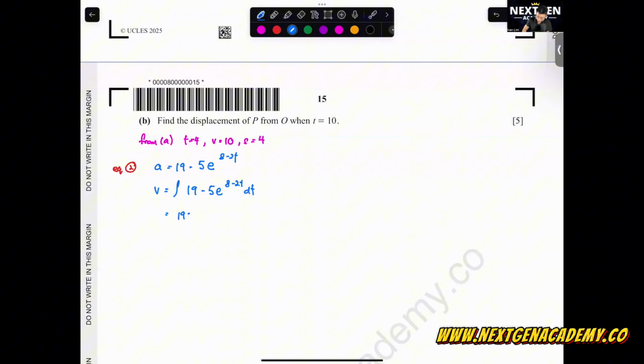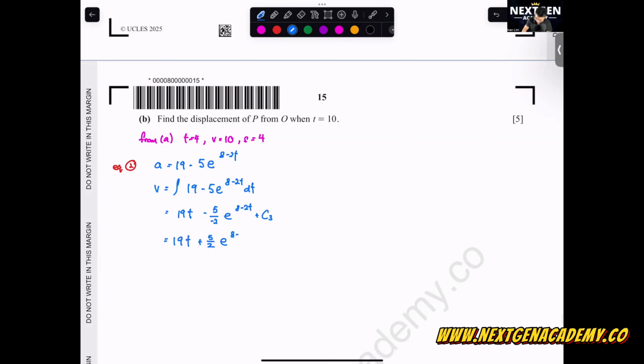This will be 19t minus 5 over minus 2, e^(8 minus 2t). Let's put this as C3, so don't get confused. So here it will become plus 5 over 2 e^(8 minus 2t) plus C3.